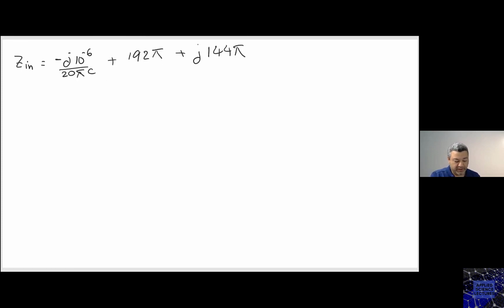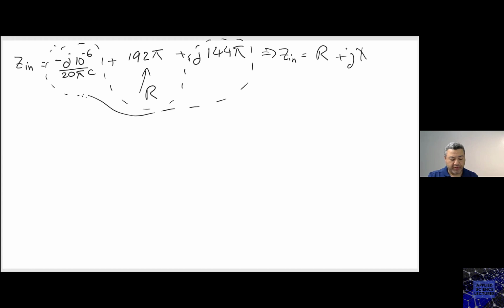If we say that this Zn is made of resistive plus jX, where X is the reactive, this one would be the resistive part, and those would be the reactive part.